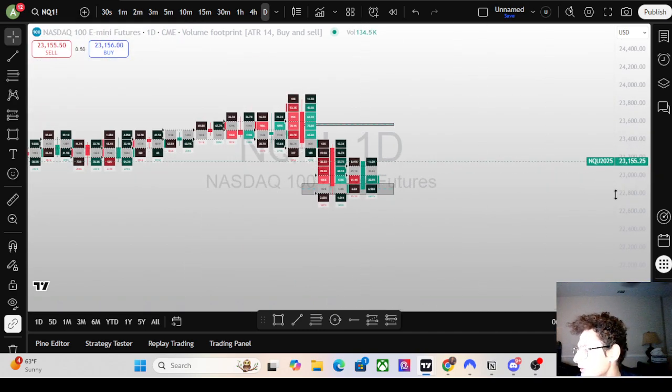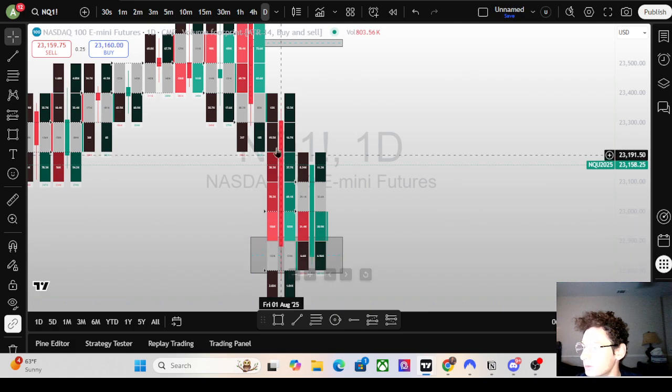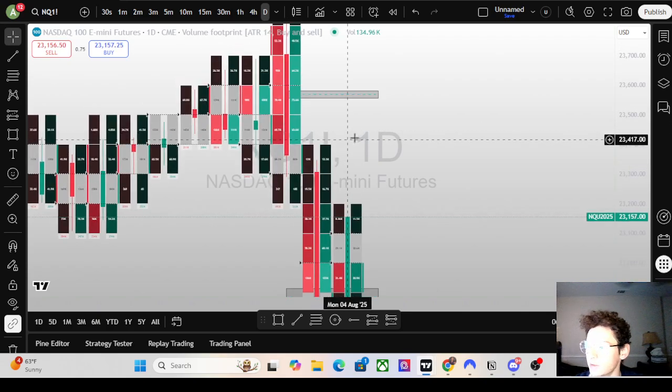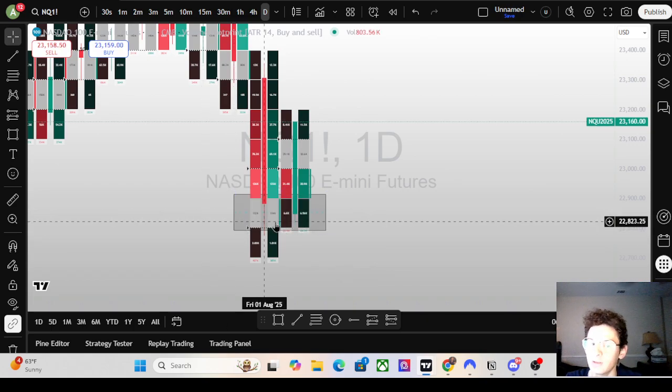I marked my point of interest, or well, point of control. This gray box, every single candle has a gray box which indicates the point of control between sellers and buyers. I marked my previous day's point of control, or not previous day's high and low, but an area where there was a point of control, but it was lost and another candle moved higher than it.